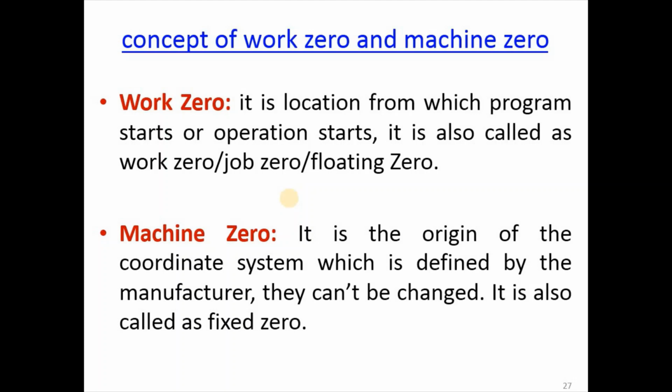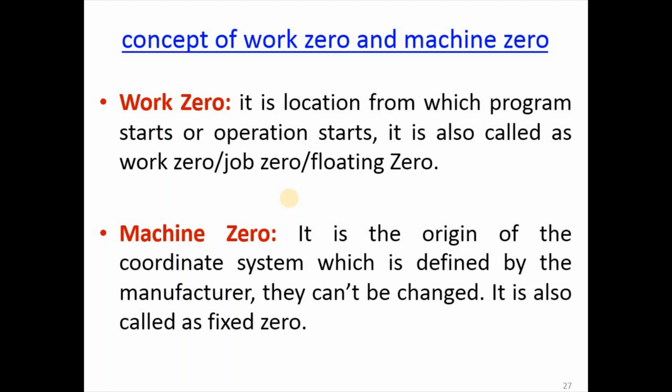And machine zero means it is the origin of the coordinate system which is defined by the manufacturer. It means we can define one reference point near the workpiece, but not actually on the workpiece. Some distance away from the workpiece, we can create the machine zero point, which is the zero point of that coordinate system, and from that point we start moving the tool at a safety distance from the workpiece, and then we start our operations with reference to the work zero point.